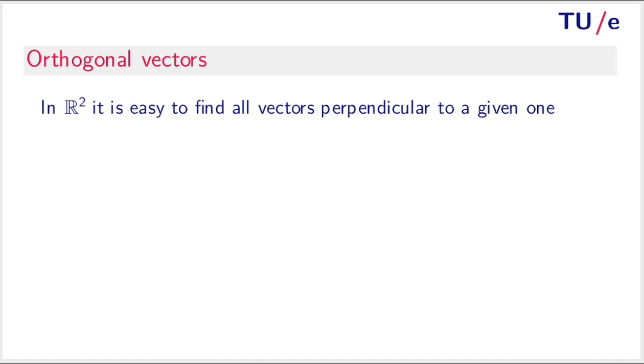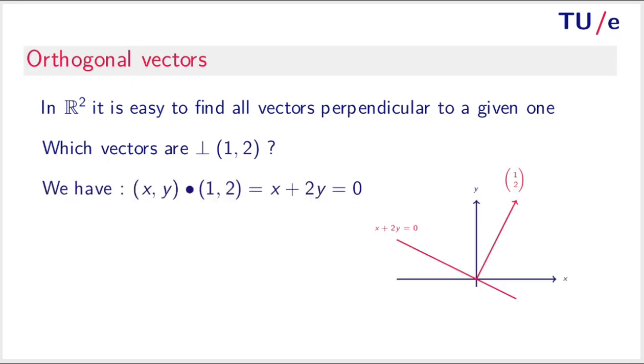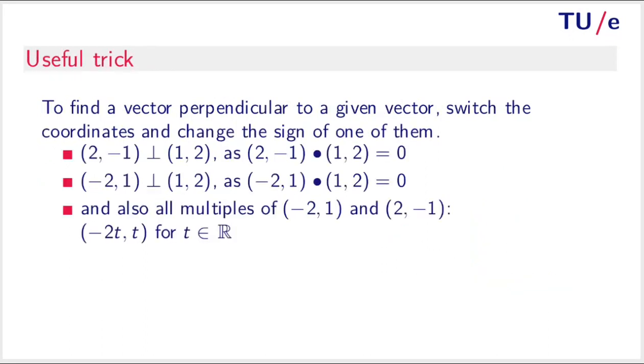But that makes it easy to find all vectors perpendicular to a given one. Which vectors are now perpendicular to (1, 2)? Well, these are all the vectors (x, y) such that the inner product with (1, 2) is equal to 0. So we have all vectors (x, y) such that x plus 2y is 0. To find a vector perpendicular to a given vector, we can just switch the two coordinates and change the sign of one of them.